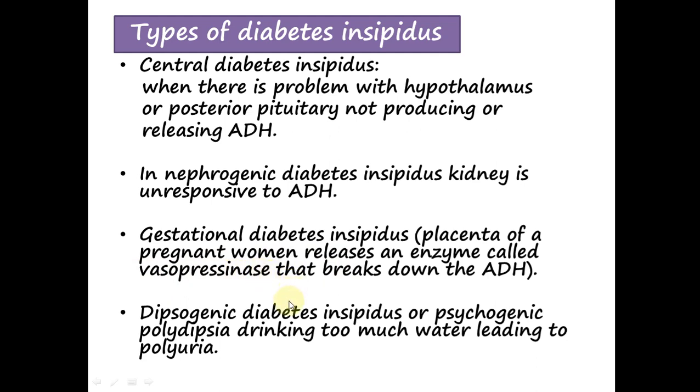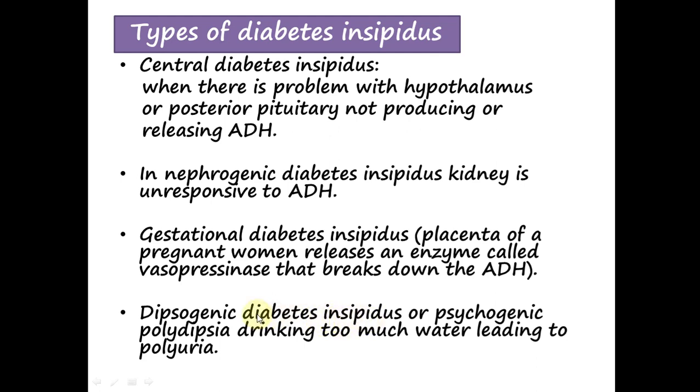The fourth type of diabetes insipidus is actually psychogenic polyuria and psychogenic polydipsia. Here there is no organic problem, the problem is purely psychological.